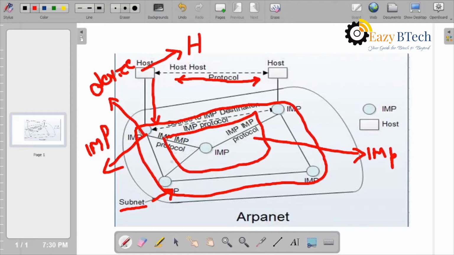This combination of all these IMPs, we can call a subnet. So the ARPANET is mainly split into two types: host, meaning the user, and subnet.